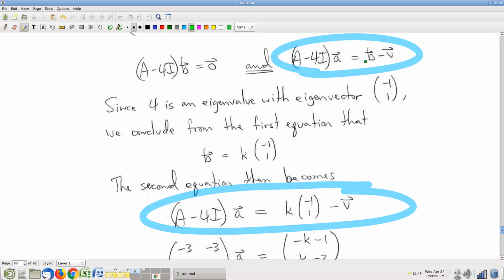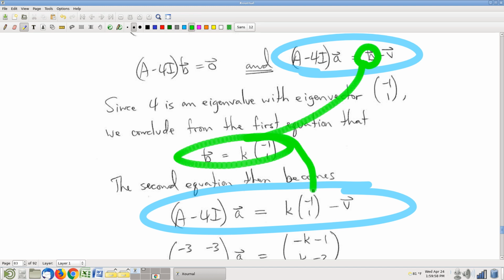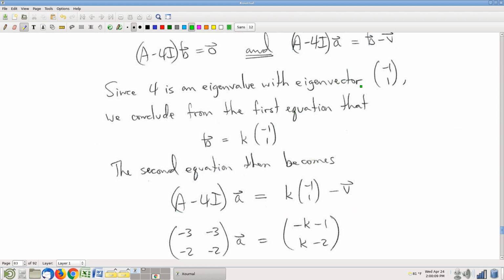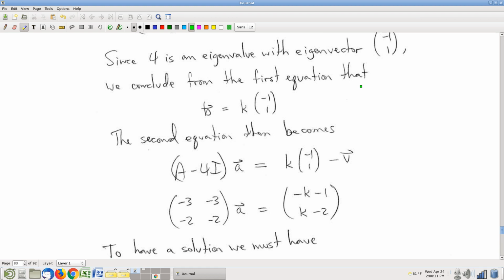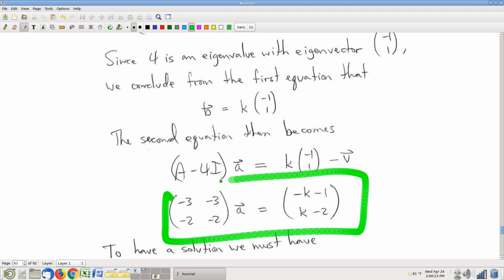Notice I'm plugging in, b is that. Otherwise, it's the exact same equation. Let's write it out in detail. When we know what A is, we know what A minus 4I is, and this is what our equation becomes. We want to try to figure out under what circumstances, for what value of k, this has solutions.